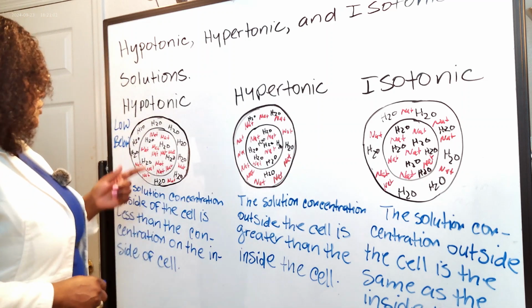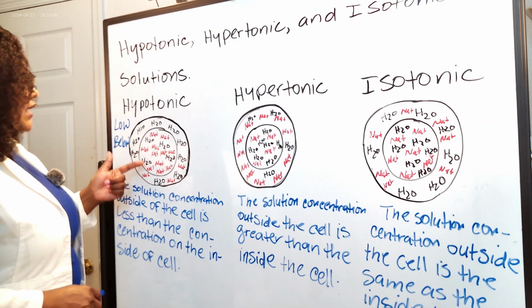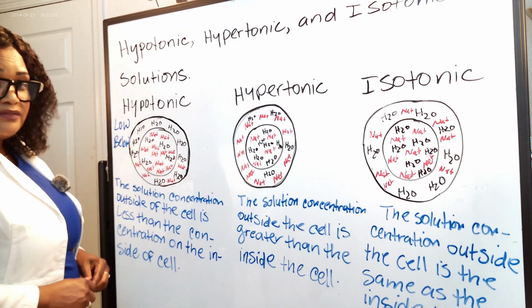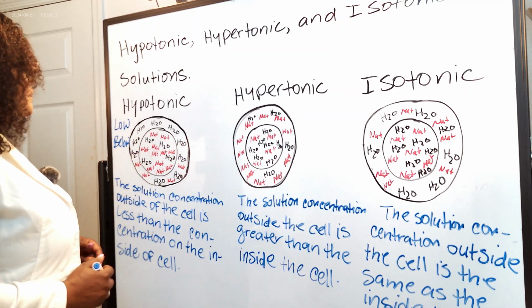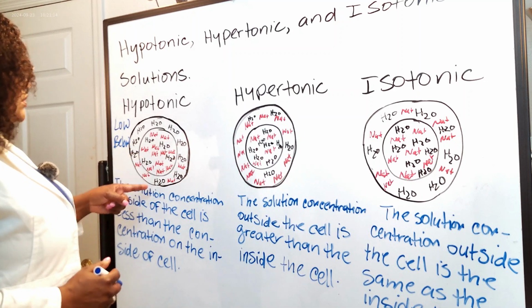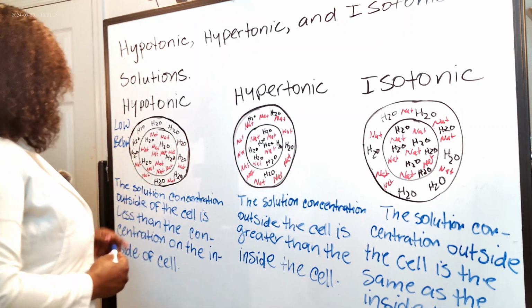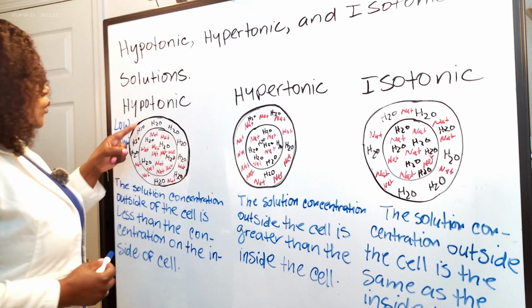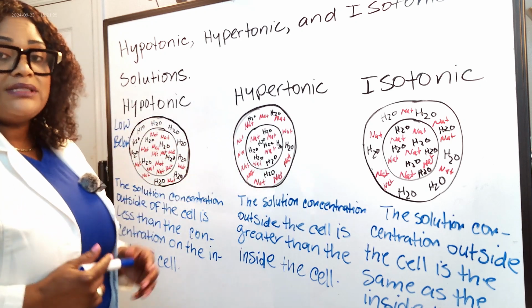Inside of the cell, we have a high concentration of solute, and on the outside of the cell, we have a low concentration of solute. Therefore, the concentration of water molecules is higher on the outside.